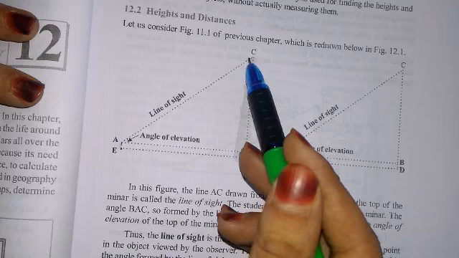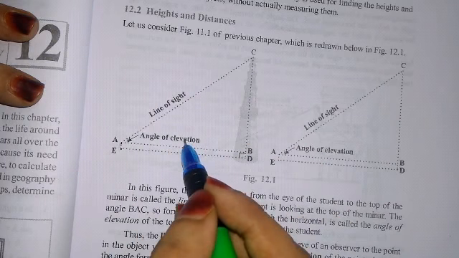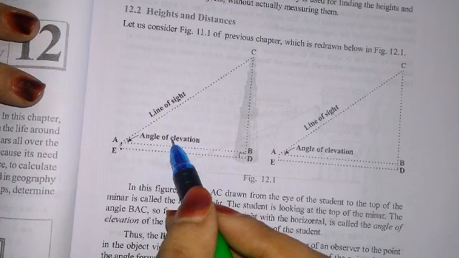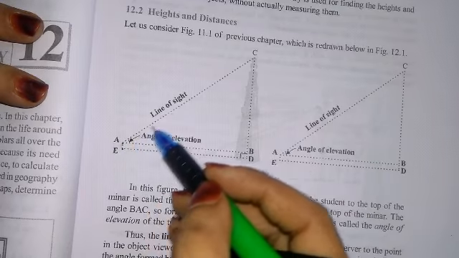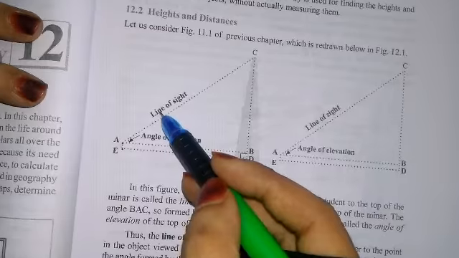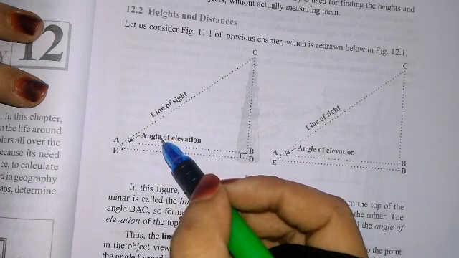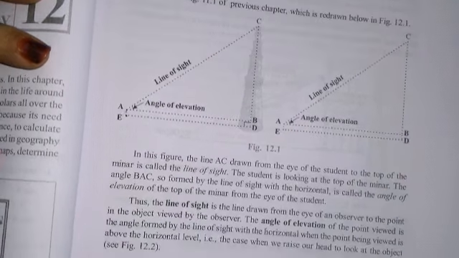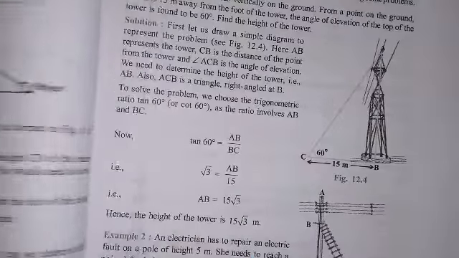When we look up, the angle formed is angle of elevation, and our eyesight line is called the line of sight. So to look up, the angle formed is angle of elevation. Like that only, to look down, the angle formed is angle of depression.